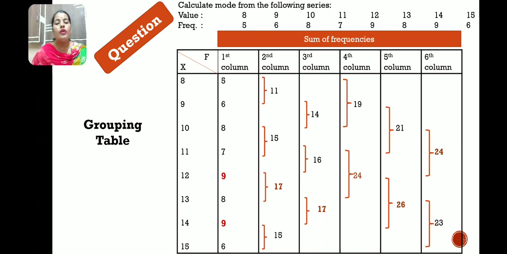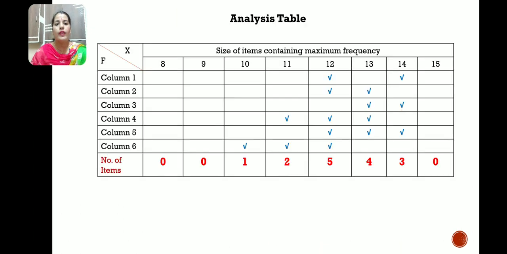Okay, now if you make an analysis table, in the analysis table of the question you have to interchange f and x. X you will write now horizontally and f you will write now vertically.